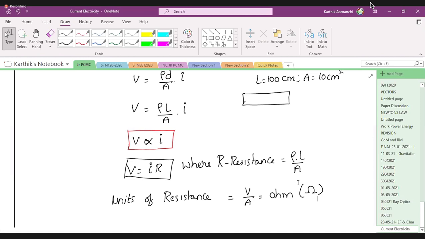Sir, in thermodynamics, R is equal to L by Ka, we got, sir. So is it analogous? Yeah, similar to that.